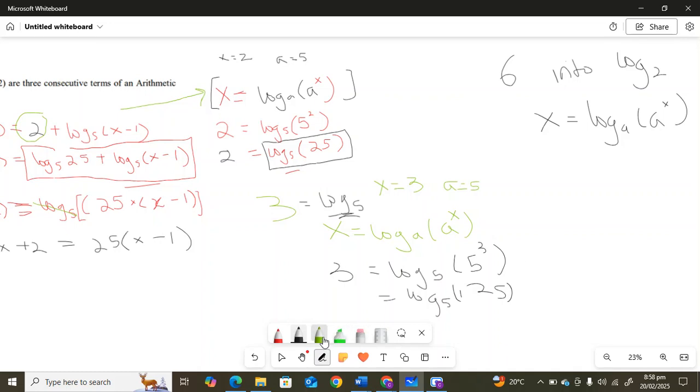In this case, x equals 6. A will equal 2, because that's the base we're trying to put it in. Base 2. So you're going to put here 6 equals log 2.